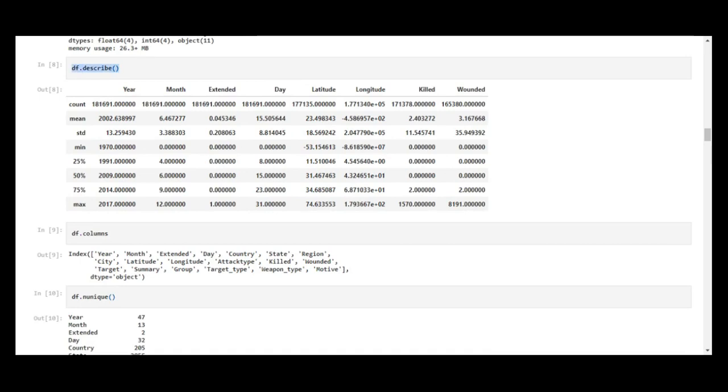Using the df.describe function, I have found the measures of central tendency for each attribute, and hence can conclude that the average number of people killed and wounded were 2.40 and 3.16 respectively.